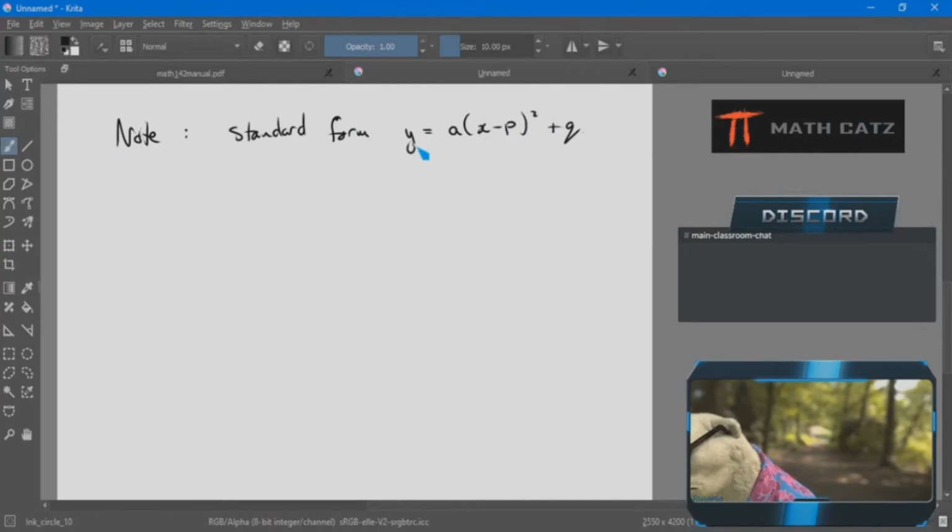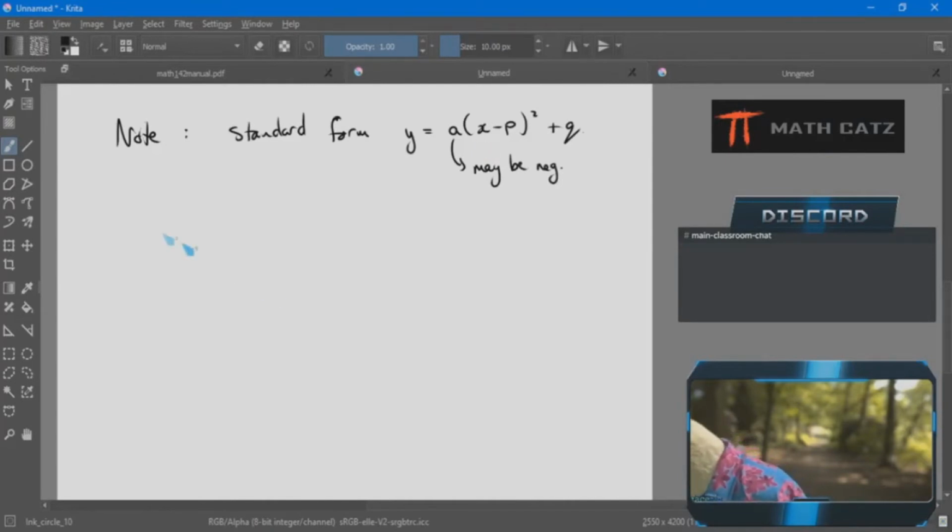In the standard form, this a may contain negative 1. It's merged into it, so it may be negative. When I do my transformations, then I can see the actual number and I separate the negative 1 from the size of the number, so don't be confused by that.